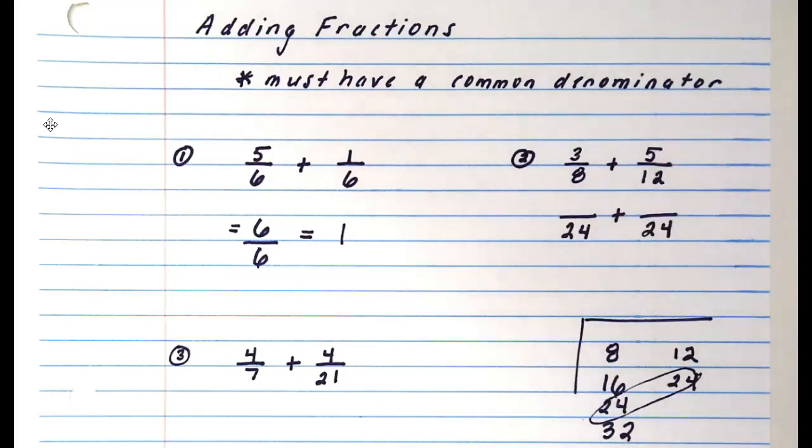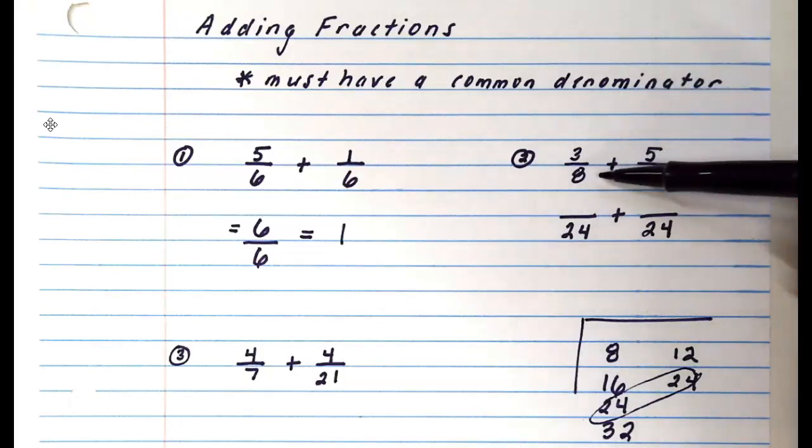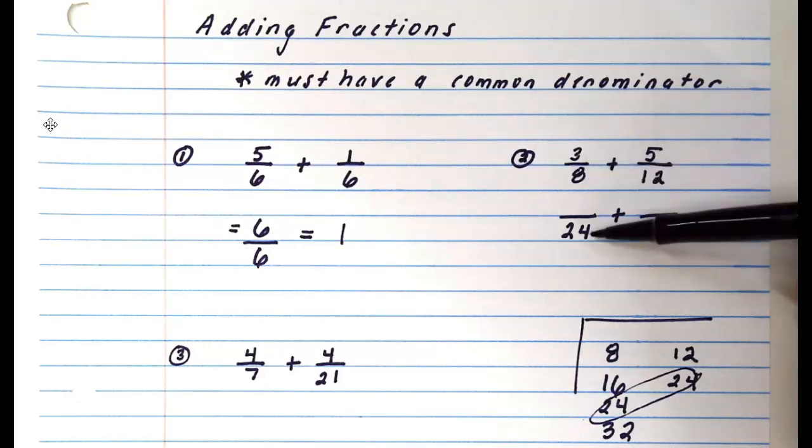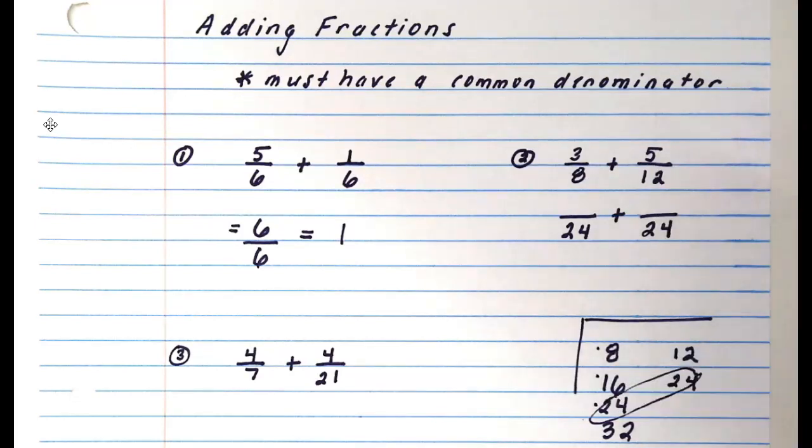Now, if we change the denominator of a fraction, it means that we need to change the numerator so it still has the same value. So the first fraction is 3/8. We don't want to change the value of that fraction. We just want to make it look a little different. So 8 to 24. If we look, 8 goes into 24 3 times.